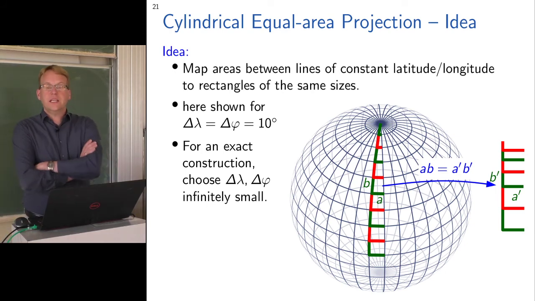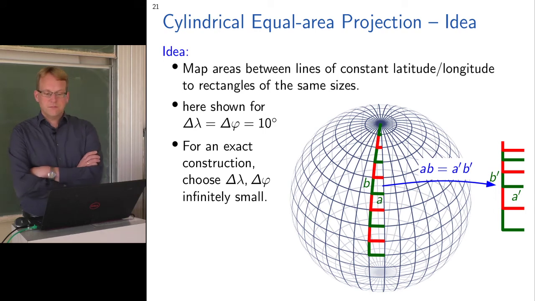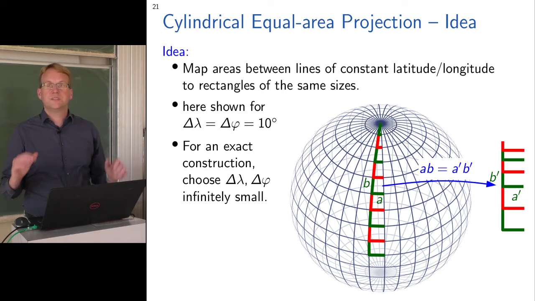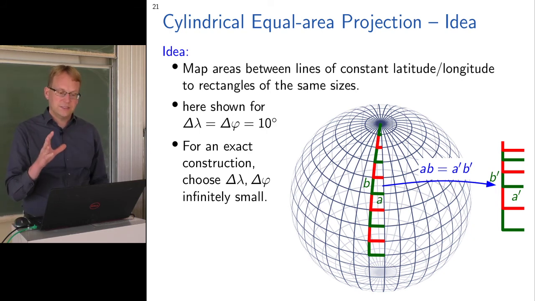Similarly, we can compute other map projections, not just the Mercator projection. Let's think of a map projection with some other nice property. For example, we would like to have a cylindrical projection that is preserving areas. Not aspect ratios and angles, but areas.